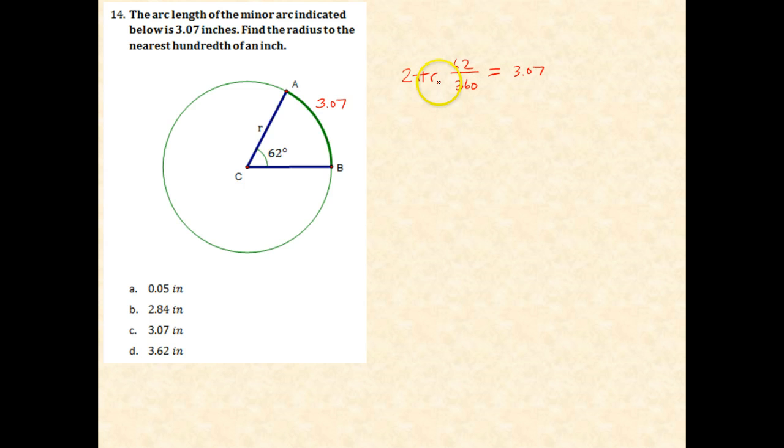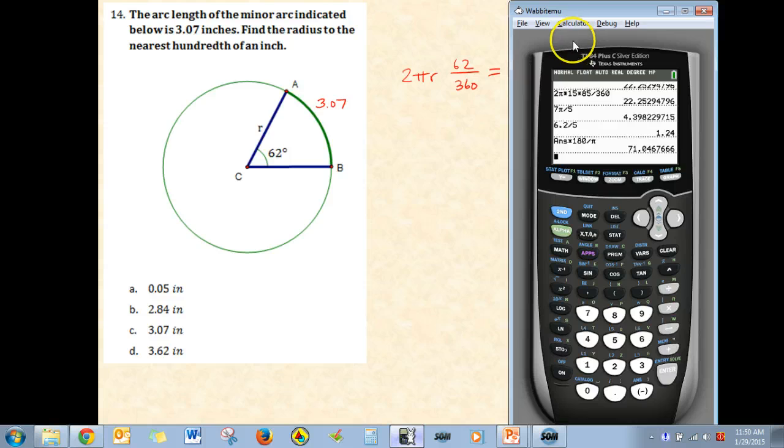So we would need to, let's see, these are all just numbers over here. 2 is a number, pi is a number, r is what we're looking for. 62 over 360 is a number. So I'm just going to figure out what those numbers are to make this look a little nicer.